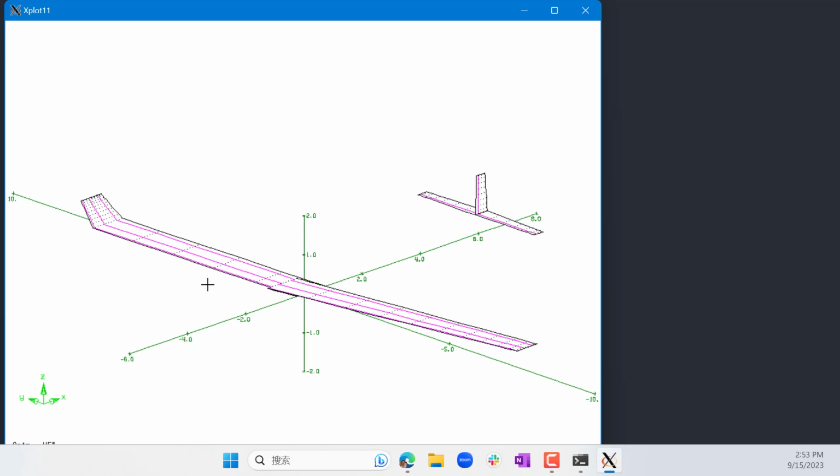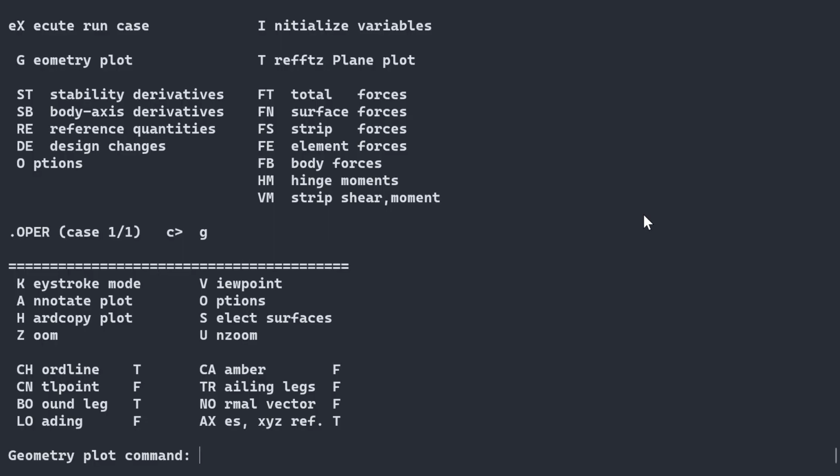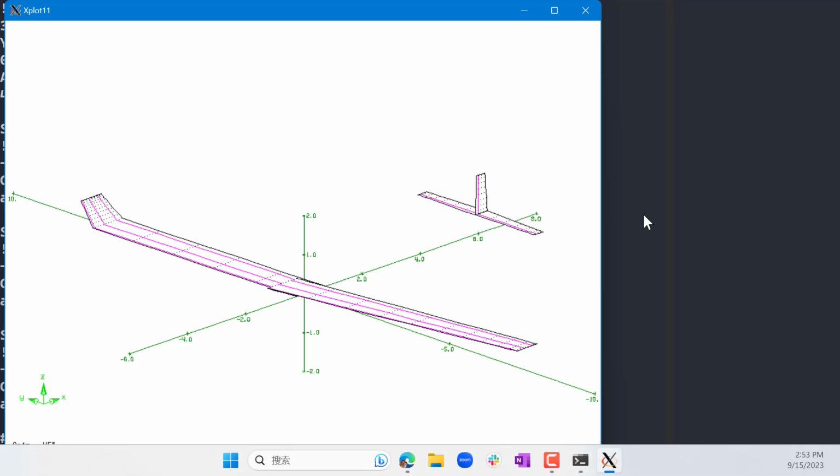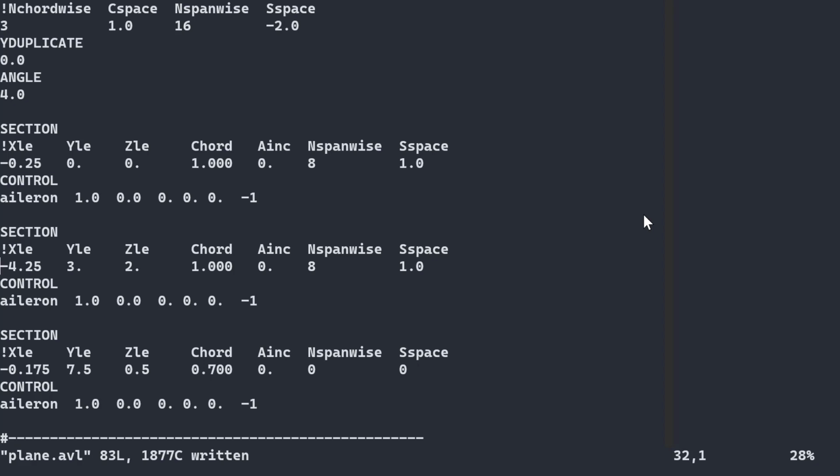Wait, what am I doing? I ask myself that every day. I messed up something. Let me see. X, Y, Z code. XLE. Yeah, what did I specify wrong?